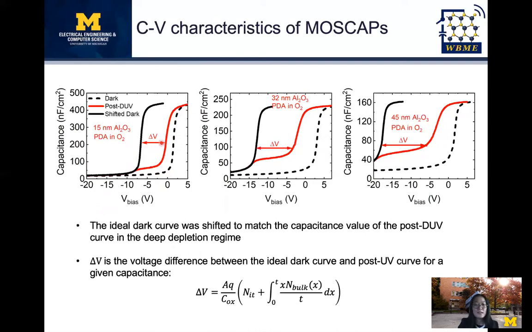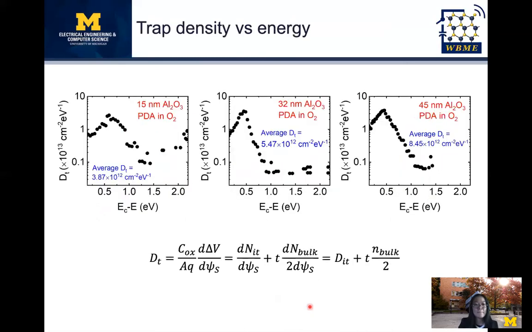The delta V here is the voltage between the ideal dark curve and the post-UV curve for a given capacitance. This is associated with the interface state and the bulk trap. Using that delta V, we can get the Dit over the whole energy scale.